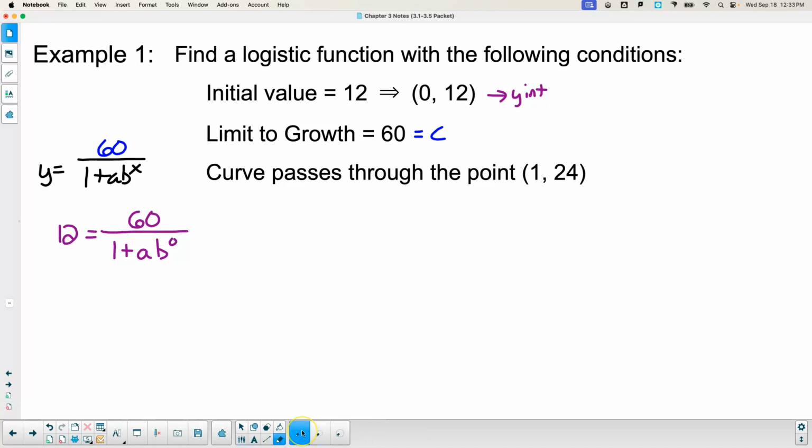So then this one can go like that, right? How am I going to solve that now? Multiply both sides by 1 plus a?